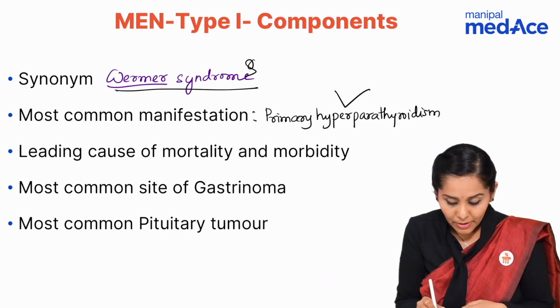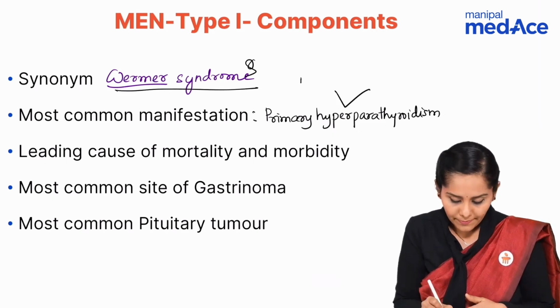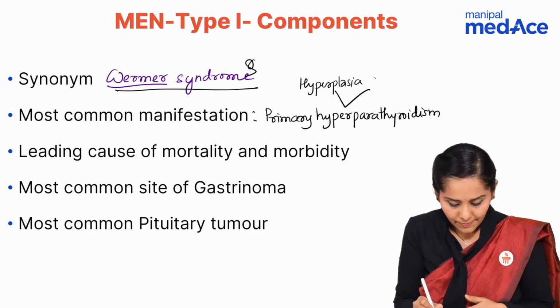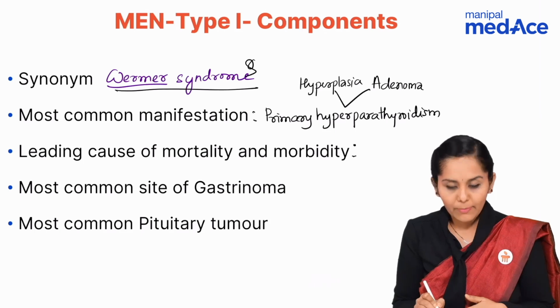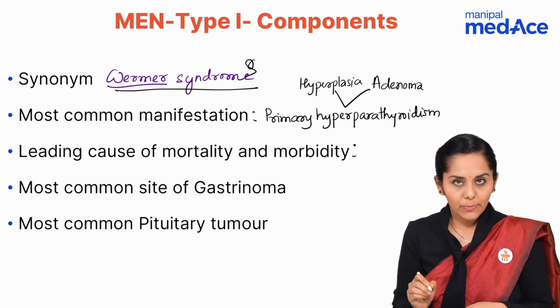And that can be due to a hyperplasia or it can be due to adenoma. What is the leading cause of mortality and morbidity in these patients is pancreatic neuroendocrine tumors.